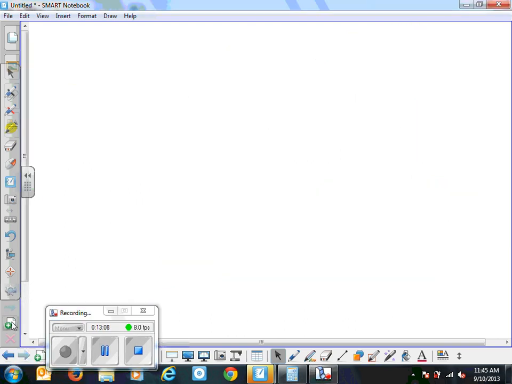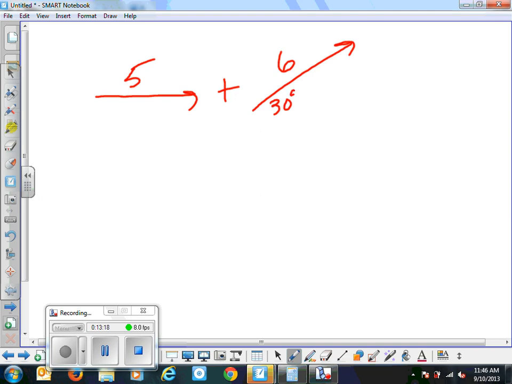Okay, if I happen to have 5 plus 6 at 30 degrees, how do I add those two together? Well, here's something that you have to remember. If you're all x's and all y's, you're all good.